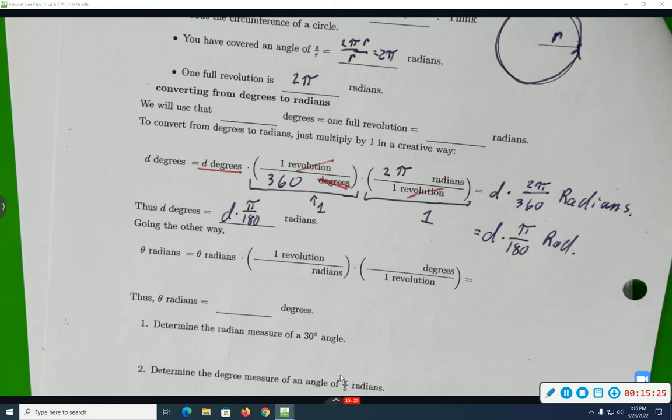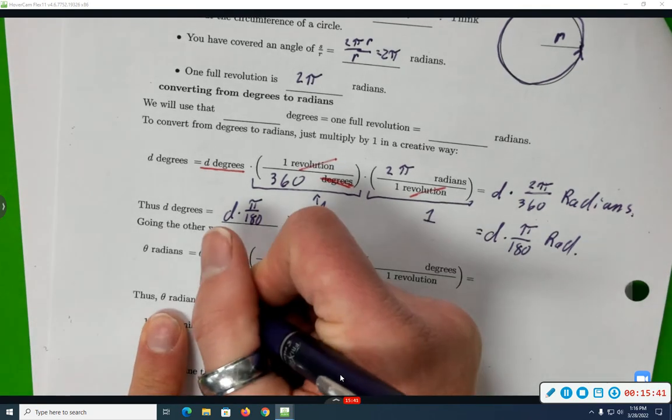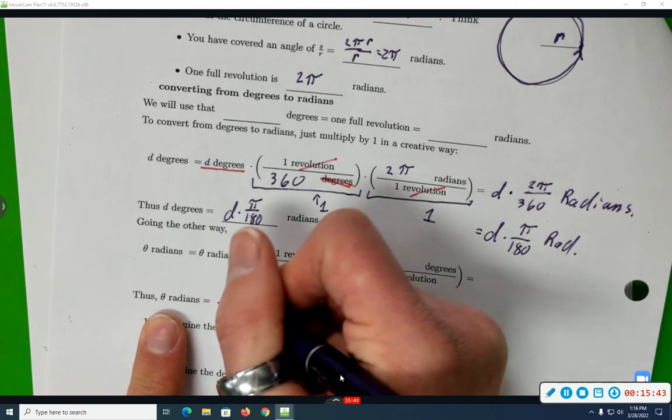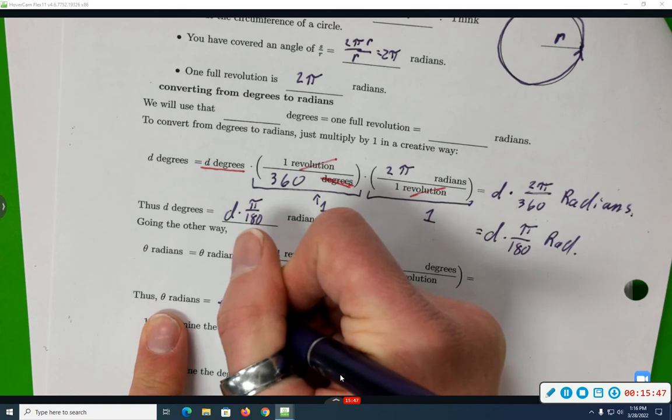What's the opposite of multiplying by pi and then dividing by 180? Multiplying by 180 then dividing by pi? That seems reasonable. And yeah, there it is. If you want to convert from radians to degrees, take the radian measure you have, multiply by 180 degrees, then divide by pi radians.